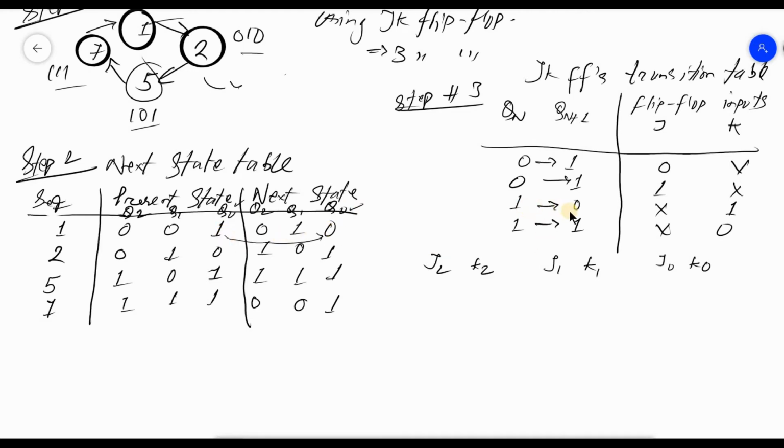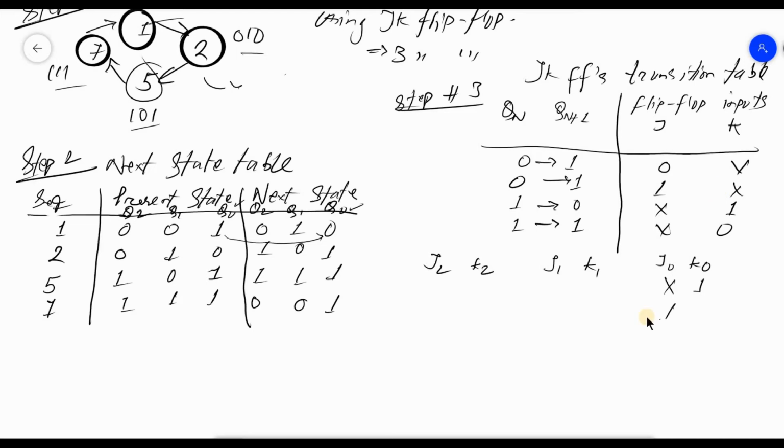And we know for 1 to 0, J will be don't care and K will be 1. So at first we will have here don't care and 1. Again, we can see that for this one, the change is from 0 to 1. And from 0 to 1, we have here 1 and don't care.